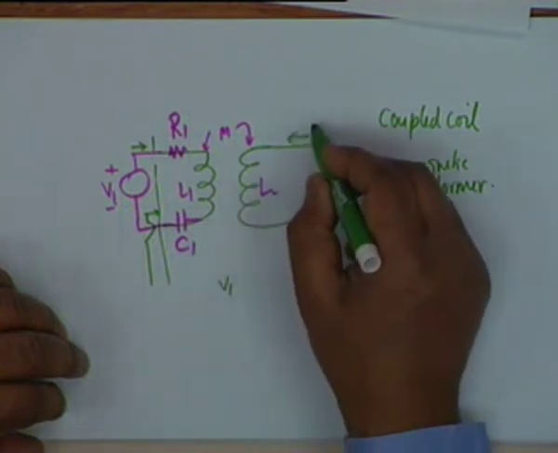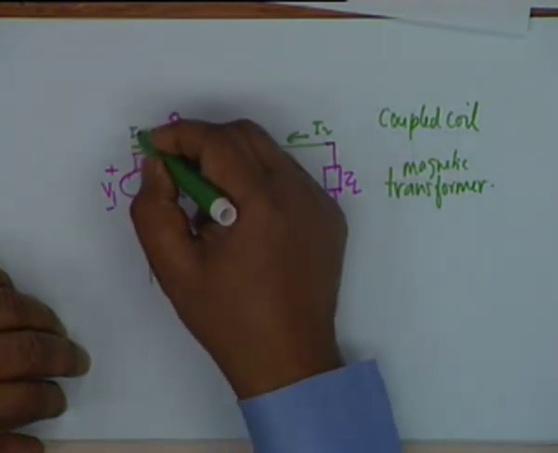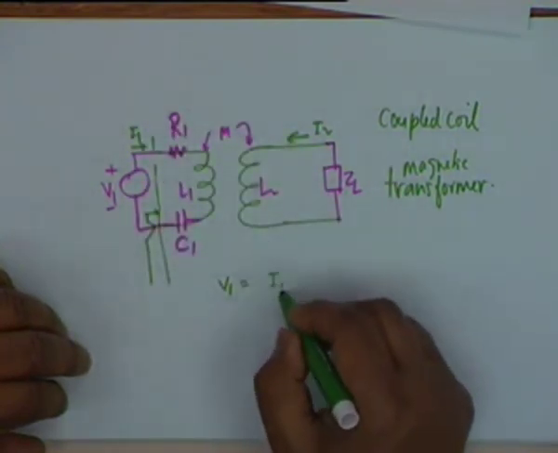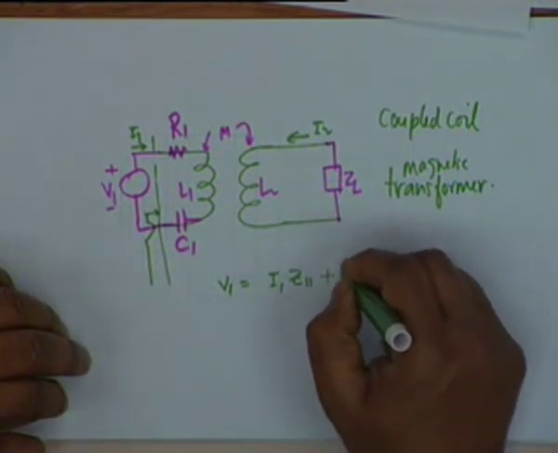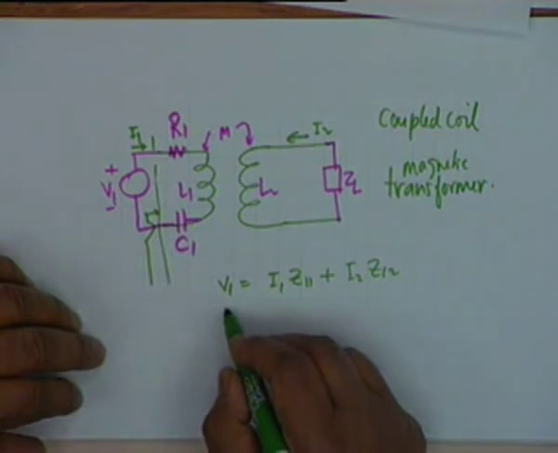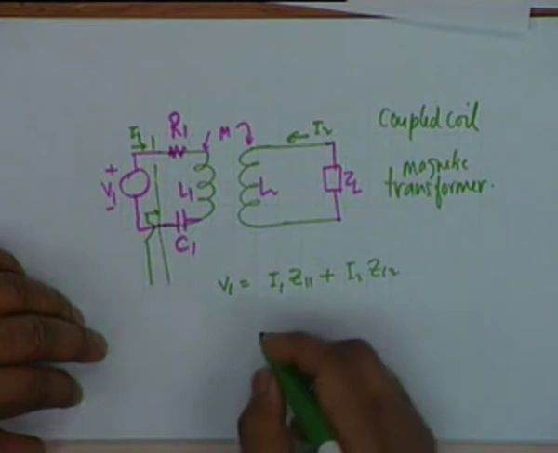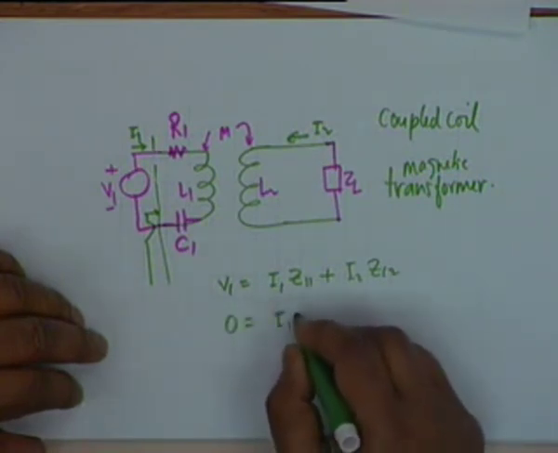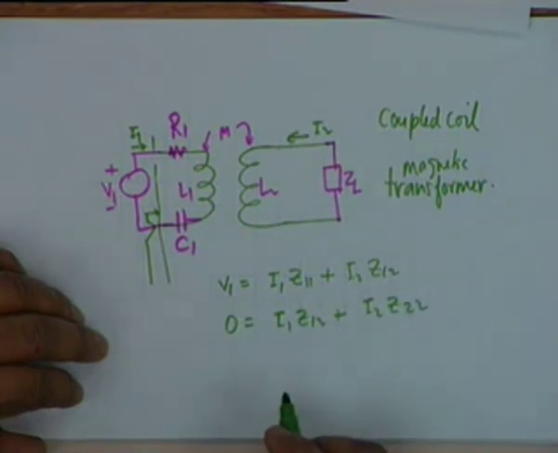If this is V1 and this current is I2, if this current is I1, then you can write V1 equal to I1 Z11 plus I2 Z12, and in the second loop there is no driving voltage, so 0 shall be equal to I1 Z12 plus I2 Z22.